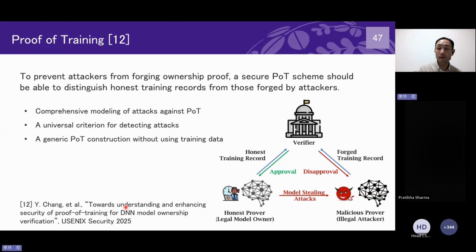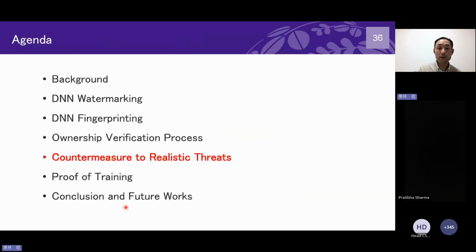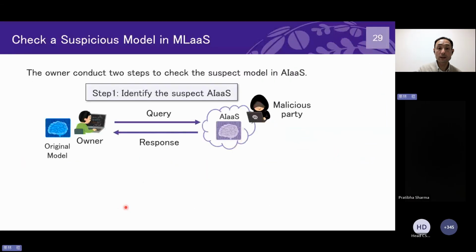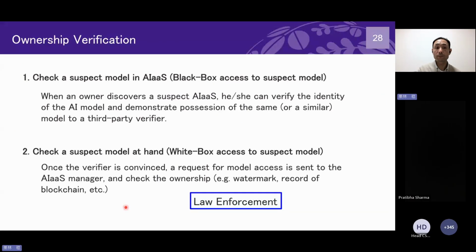Anyway, this is the flow of the ownership verification using DNA fingerprinting. So maybe you can understand the two processes. The ownership verification requires the first step and the second step. At the first step, the owner checks the suspect model in the cloud server using black box access.